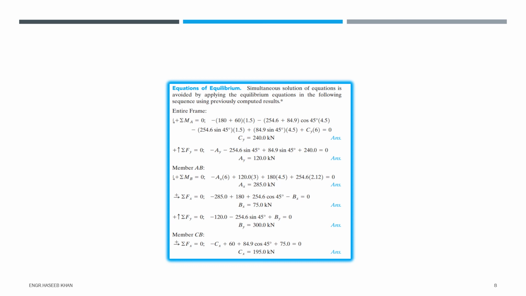We have applied a total of 6 equilibrium equations on the overall structure, because the internal hinge divides the structure into two members. So we have a total of 6 equilibrium equations to solve the structure.